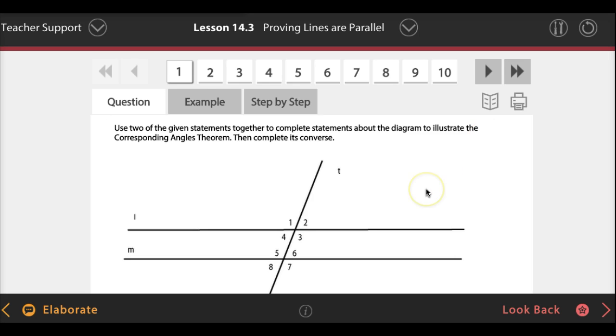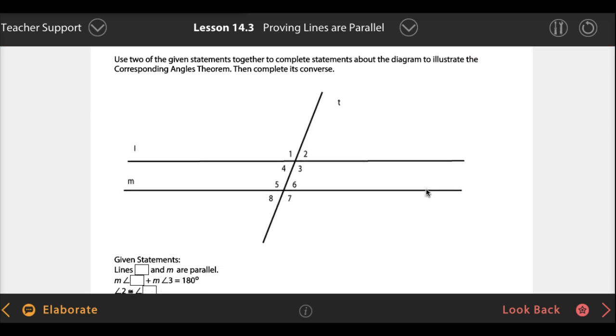Now we're in section 3, and this is the first question I see, and yikes, this is something I'm probably not going to give you on the test, not like this; I'll make it a little bit simplified. But anyhow, let's take a look. Use 2 of the given statements together to complete statements about the diagram to illustrate the corresponding angles theorem, then complete its converse.